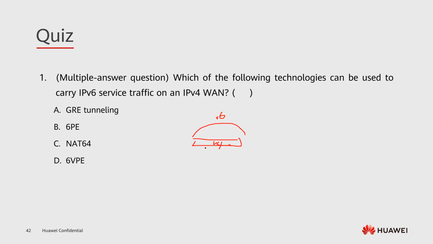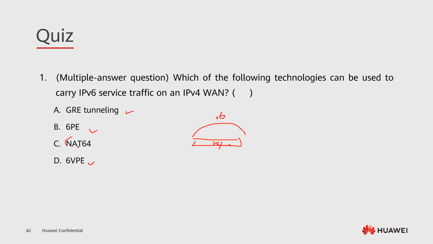For this, there is the manual tunnel, the GRE tunnel, 6PE or 6VPE. For 6PE, you are based on MPLS over IPv4, and for 6VPE, you establish the IPv6 VPN over the IPv4 MPLS, right?